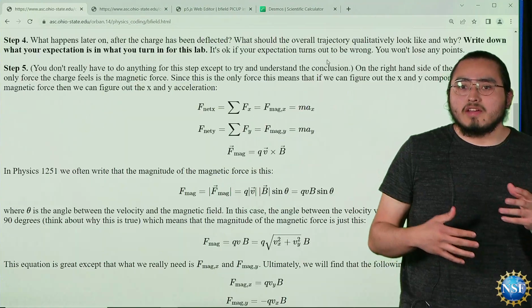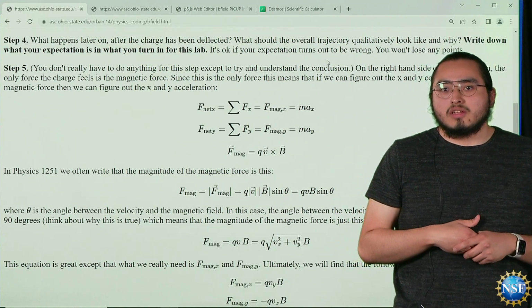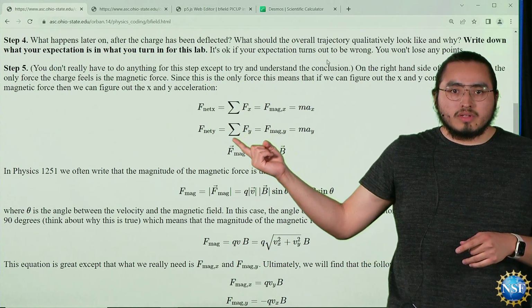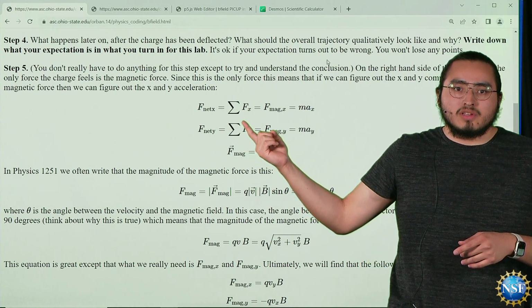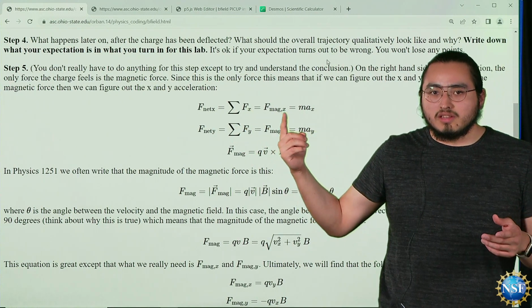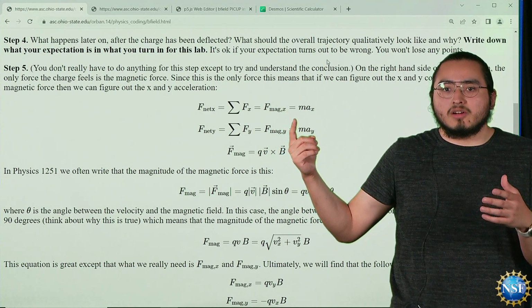roughly. Step 5 is just to help the understanding of the force of the magnetic field acting onto our particle. In general, the net force in the x direction is just the summation of the forces in the x direction, and in this case it's just the force of the magnetic field, the only thing acting on our particle.